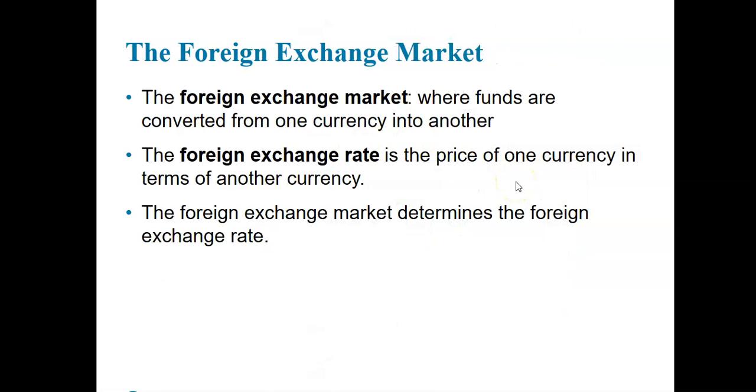The foreign exchange market. So the foreign exchange market is where we convert one currency to another. And the foreign exchange rate is the price of one currency in terms of another currency. The exchange market determines the amount of the foreign exchange rate. Now, there are other things that influence the amount of the foreign exchange rate.